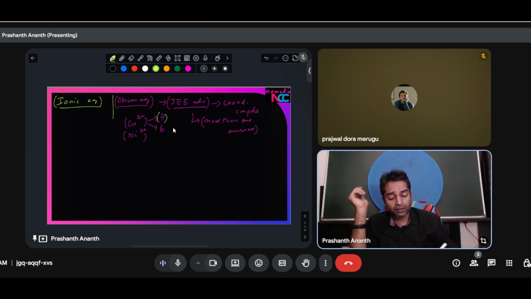So 4 or 6 are the possibilities, and depending on the temperature, it shifts from one to the other. I think it was for nickel 2 plus. I'm not sure why I'm thinking it is copper 2 plus, probably because my feeling tells me it may be copper also, but I think it was nickel more.